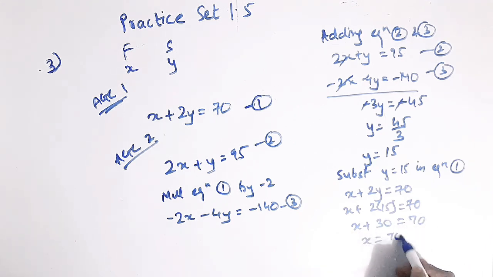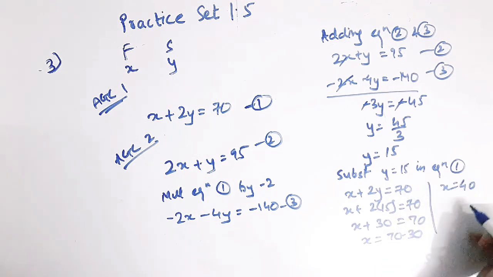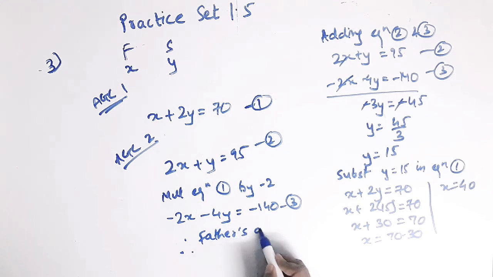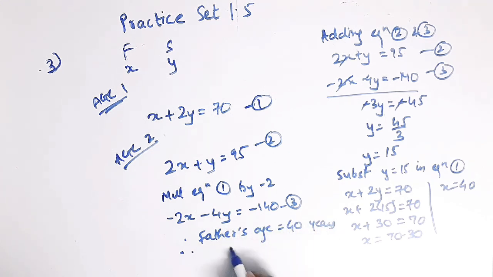X is equal to 70 minus 30. X equals 40. Therefore I can write father's age is 40 years and son's age is equal to 15 years.